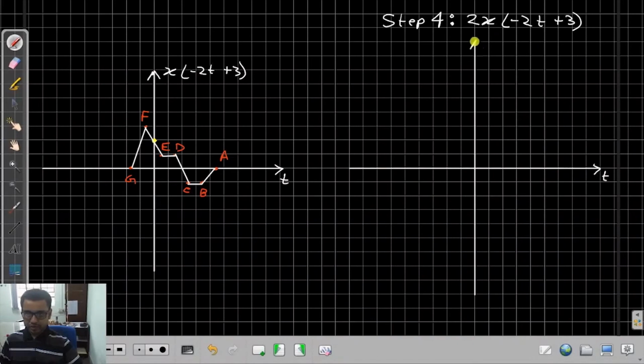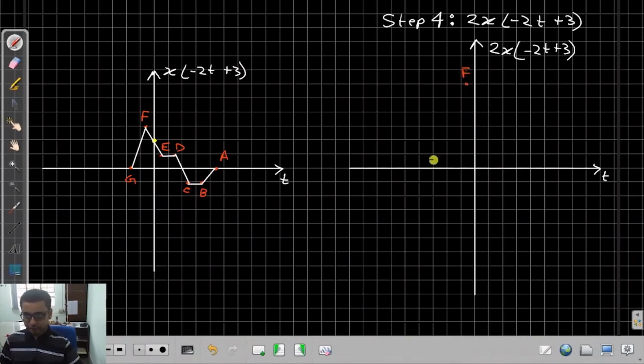Time versus 2x of minus 2t plus 3. So the amplitude is going to be scaled by a factor of 2. This point F, which is at a height of 3 units, will now move to a height of 1, 2, 3, 4, 5 and 6.